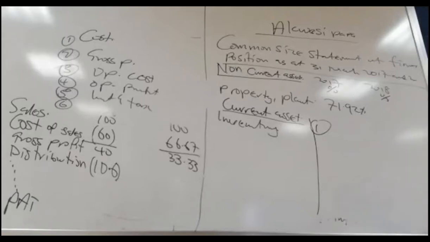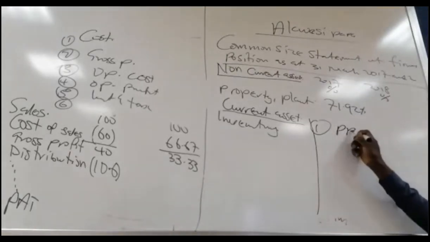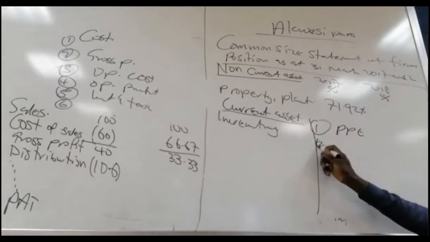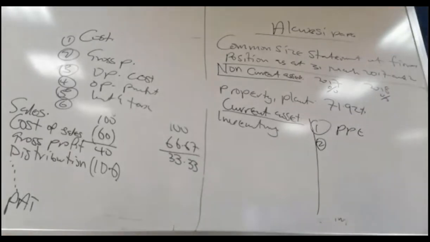So from PPE, first on the list, PPE. Two, we talk about the non-current asset itself, the entire non-current asset. So just one PPE and an entire non-current asset. You can't talk about everything, no.